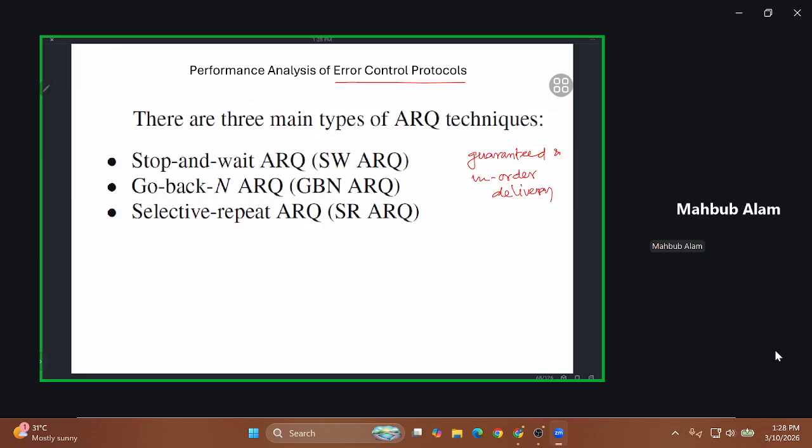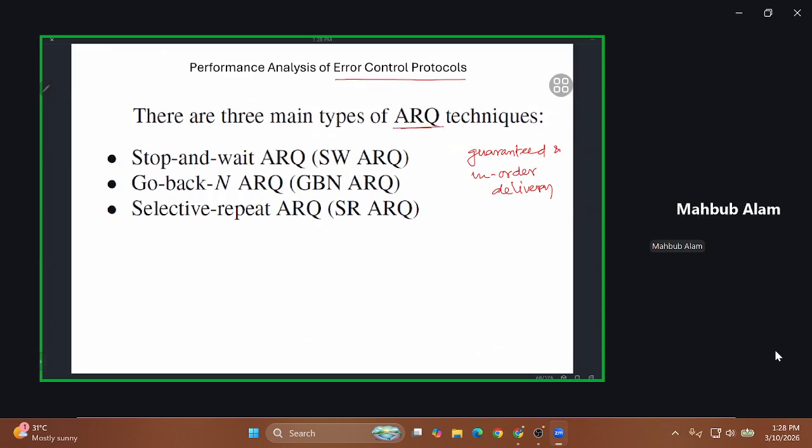When a station or a node, more specifically an application, has a sequence of packets, these automatic repeat request protocols, techniques or mechanisms ensure two things: that the packets are delivered with guarantee and they are delivered in order.